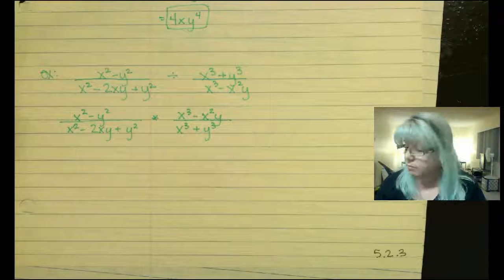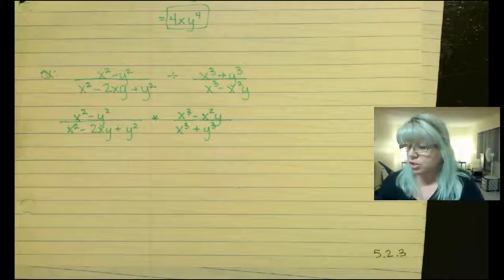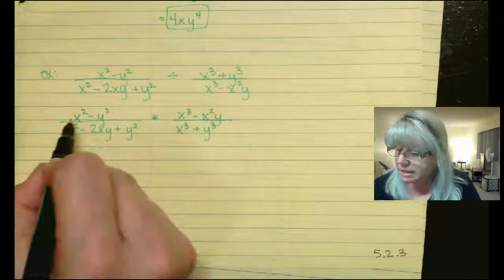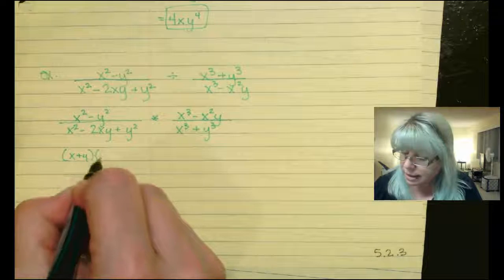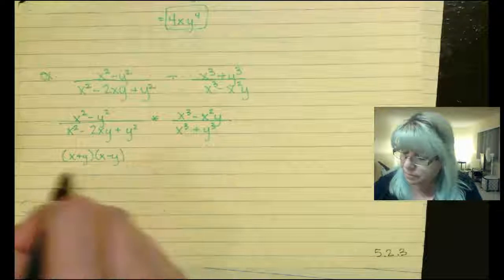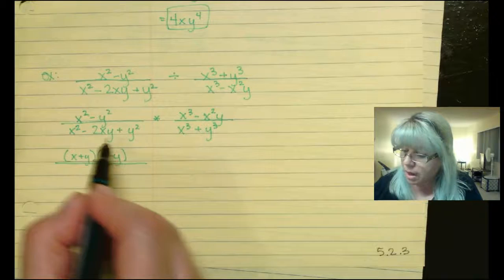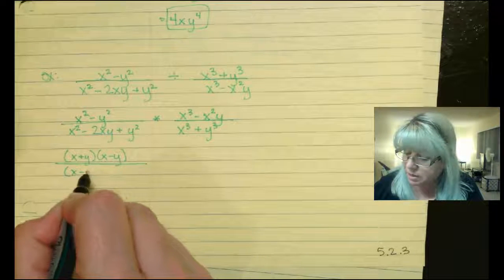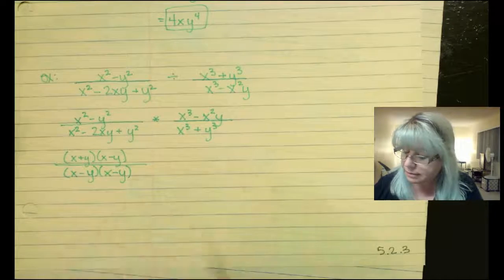Okay, now that I have it rewritten, I'm going to factor each numerator and each denominator if I can. Right. X squared minus y squared is going to be x plus y, x minus y. X squared minus 2xy plus y squared is going to be x minus y times x minus y.